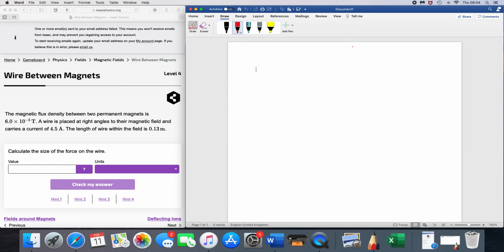A wire is placed at right angles to their magnetic field, and carries a current of 4.5 amps. And the length of the wire within the field, 0.13 meters. We want to know the force. F, of course, equals BIL from GCSE.